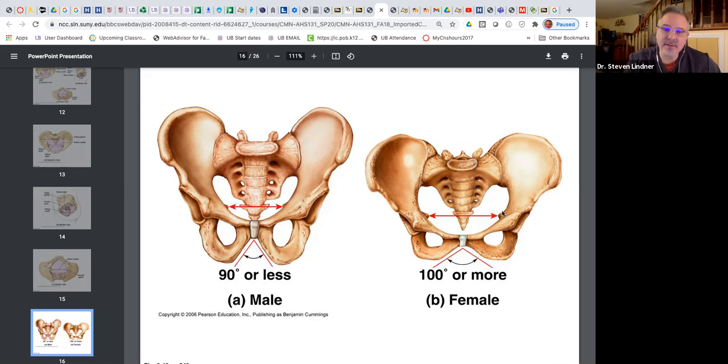And that's because the pelvic inlet right here, and the outlet, has to be larger on a female than it is for a male for one major difference, right? Think about it. Biologically, a woman can carry a baby, a male cannot. So this gap, this opening, has to be able to hold and pass a baby through here. So this is one of the major differences between the female pelvis and the male pelvis.